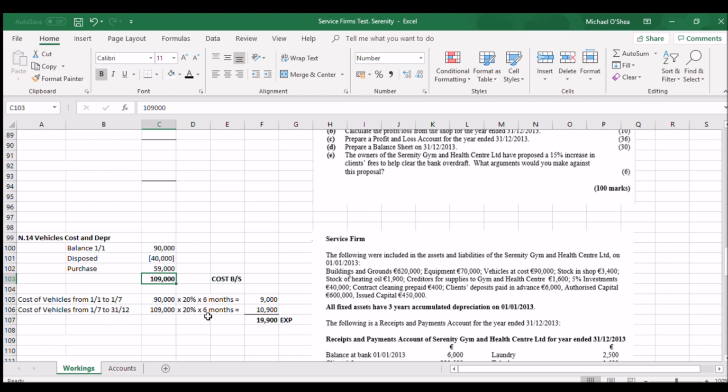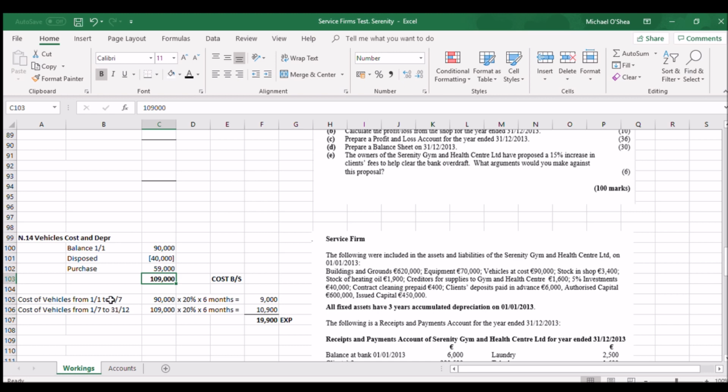So the same thing again, 20% depreciation, 6 months, that's giving me 10,900. So my depreciation for the first 6 months was 9,000. My depreciation for the last 6 months was 10,900. So my depreciation for the entirety of the year is 19,900. I don't take away anything else. I don't have to look at anything else.